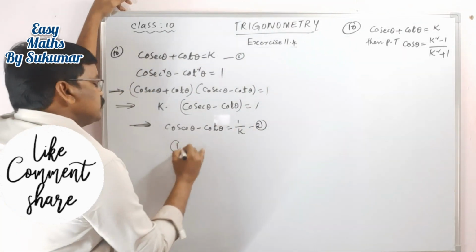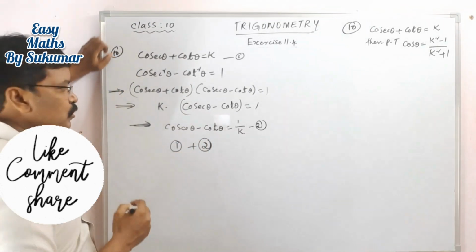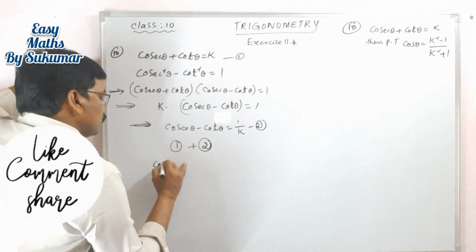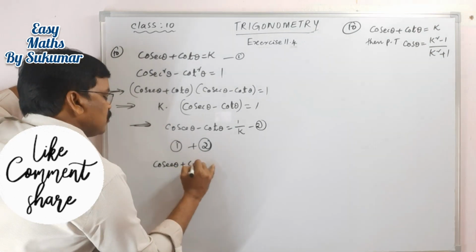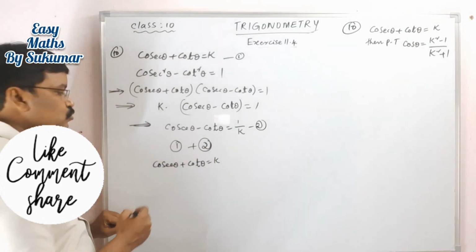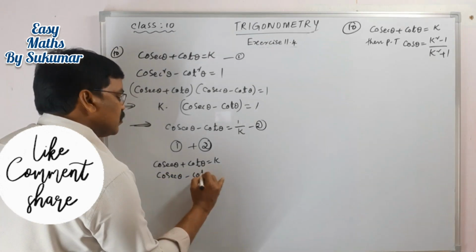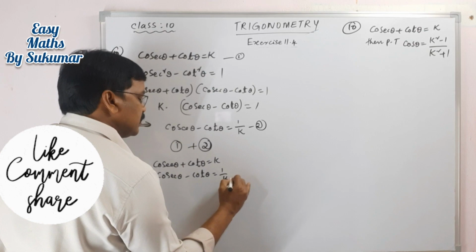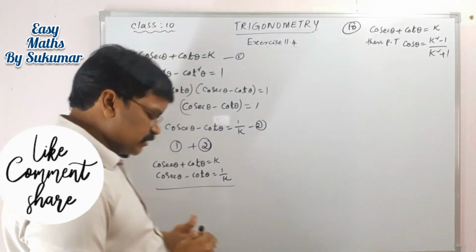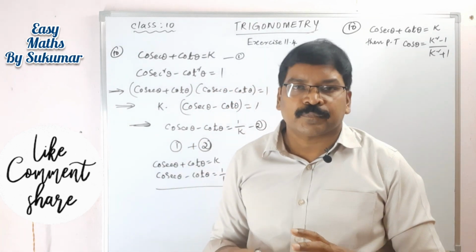Now what I do here, I am adding equation 1 and equation 2. What is equation 1? Cosecant theta plus cot theta is equal to k. What is equation 2? Cosecant theta minus cot theta is equal to 1 by k. My dear students, I am teaching you the sum in a different way.